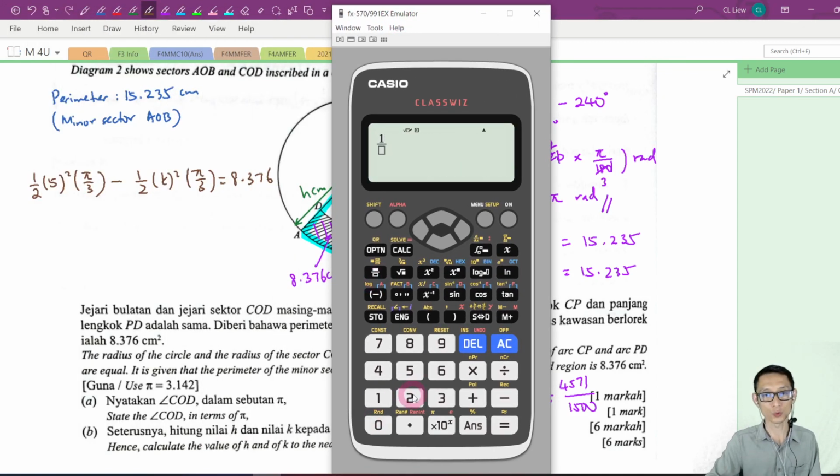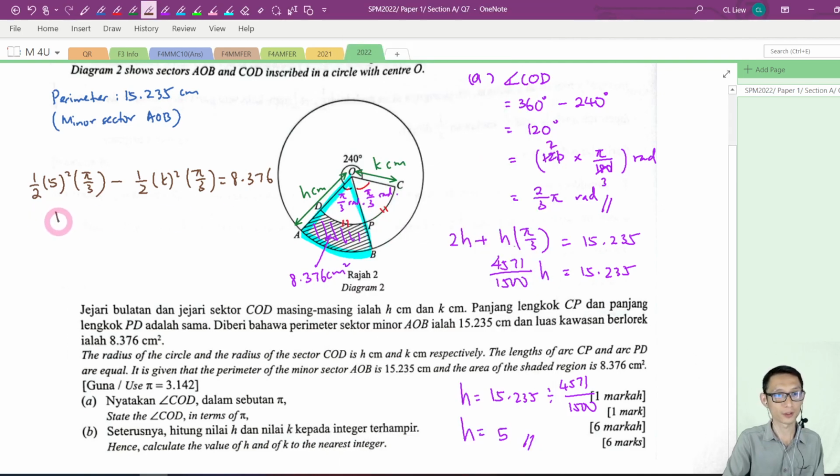Okay, so here just press your calculator. 1 over 2 times 5 squared, which is equal to 25, times 3.142 divided by 3. Okay, 1571 over 120. Okay, how about this one?